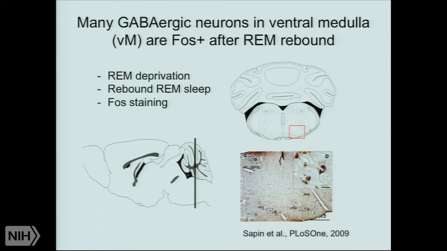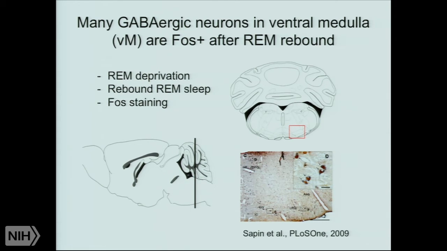This is a study done by the Luppi group in Lyon, France. This is a coronal section cut at about this level. You can see that it's very posterior in the brainstem, actually in the medulla. In this picture, you see these black dots, which are the c-Fos positive neurons. They also figured out that a lot of these c-Fos positive neurons are GABAergic, so inhibitory neurons.